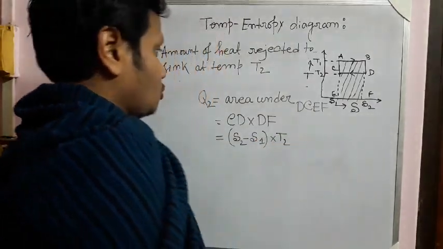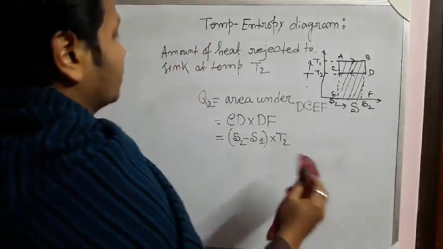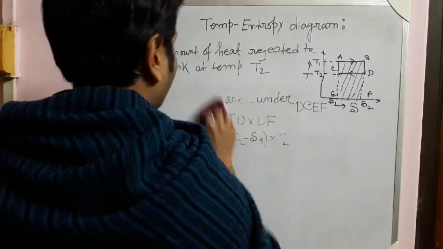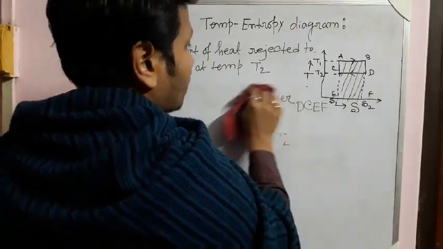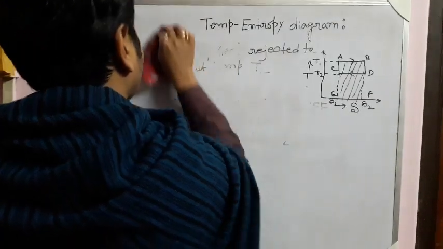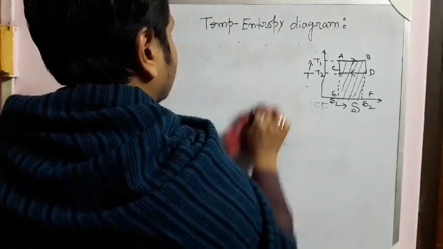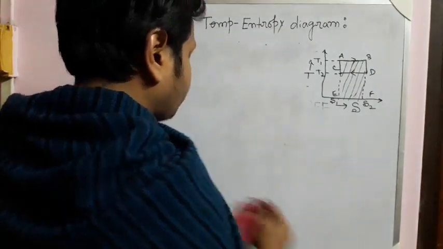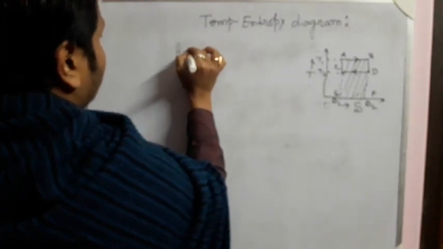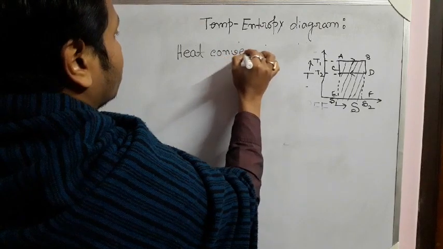So we have got both the expressions, the amount of heat absorbed from the source and the amount of heat rejected to the sink. Now we can easily find the amount of heat which is converted to work.